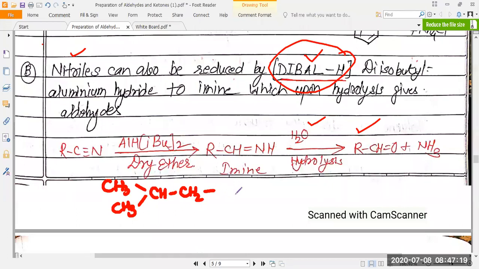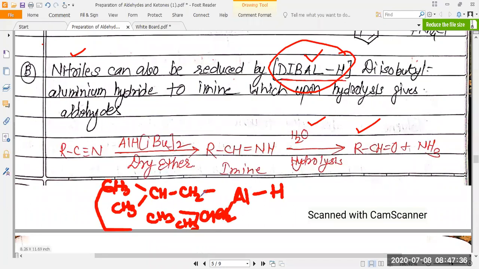This is aluminum, hydrogen, and again I have to write here CH3, CH3, CH, CH2. So it is the group. It is called DIBAL. It is a reagent.